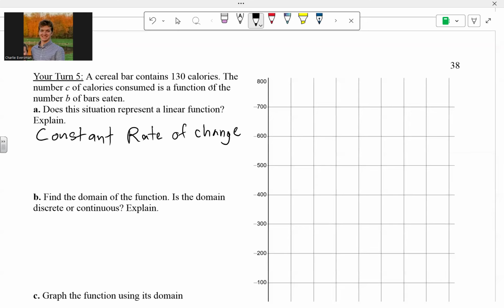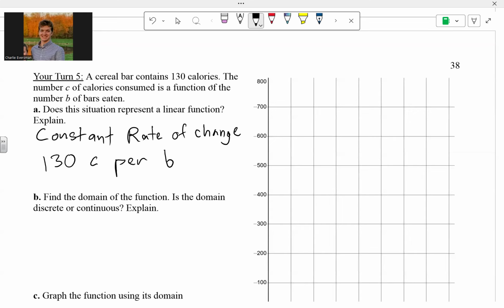You might be thinking, what is it? Well, you can read the prompt here. So I'm thinking, how much does C change with every cereal bar that I eat? Reading the prompt, you can see that the rate of change is 130 calories, C, per bar that you eat, per B. So because the amount of calories increases at a constant rate for the number of bars that I eat, we say that this is a linear function.